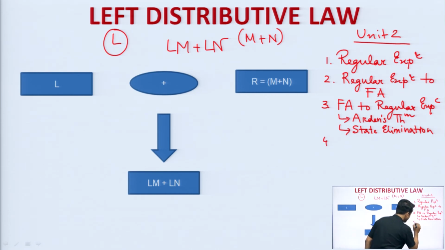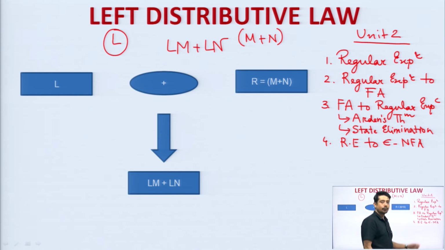Then we have seen one more concept, regular expression to epsilon NFA. For epsilon NFA, I told you that we will be using Thompson's algorithm, Yamada-Norton-Thompson's algorithm, with the help of which you convert a regular expression to epsilon NFA, correct.